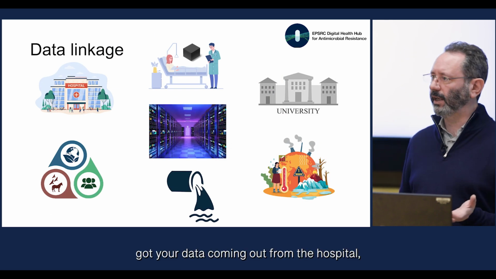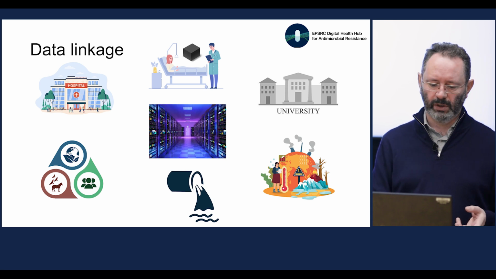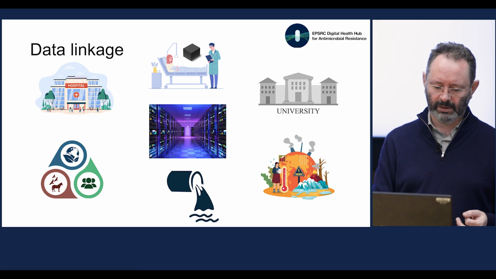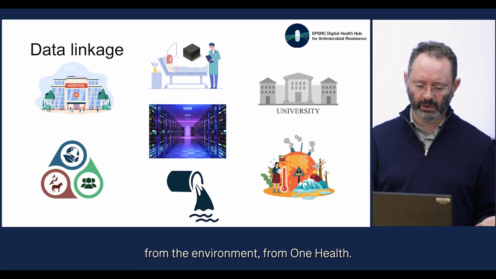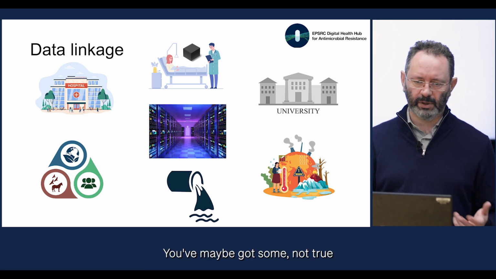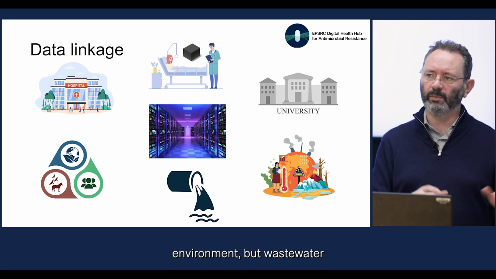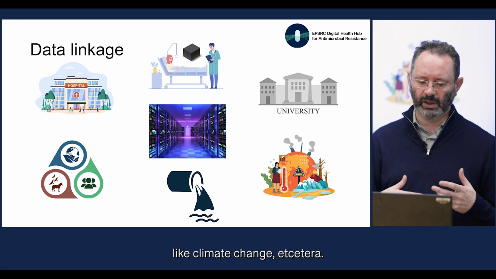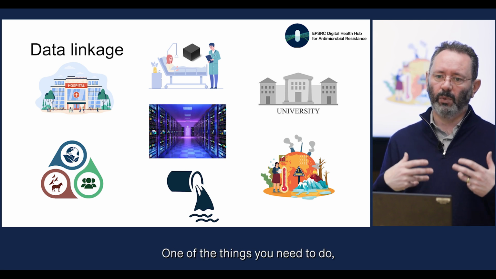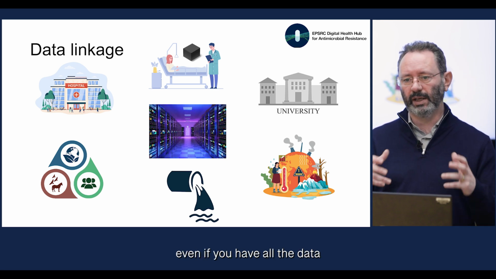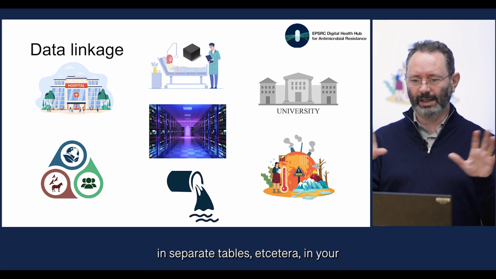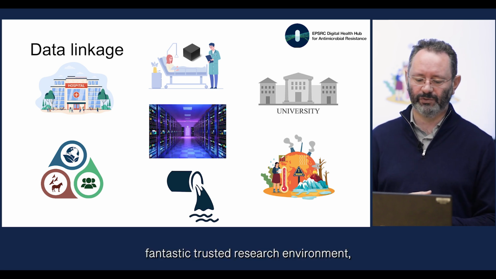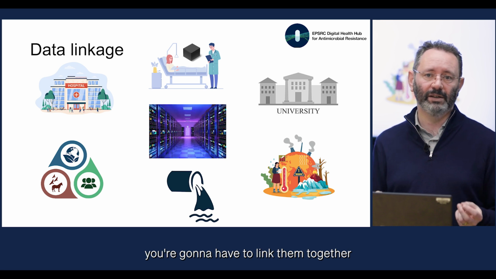So you've got your data coming out from a hospital, from point of care tests, from academia, from the environment, from One Health. You've maybe got some wastewater sampling going on. And you may want to consider things outside of it like climate change, etc. One of the things you need to do, even if you have all the data in separate tables in your fantastic trusted research environment, is link them together in some way.